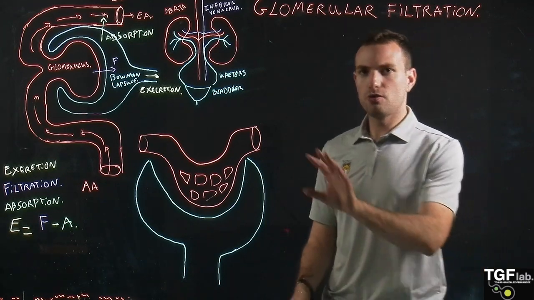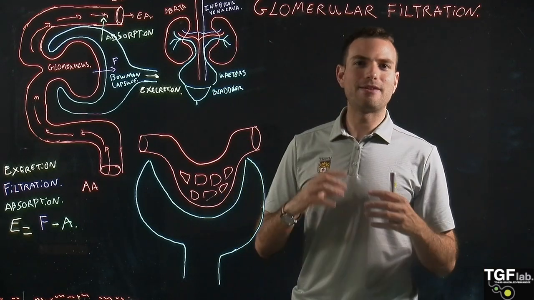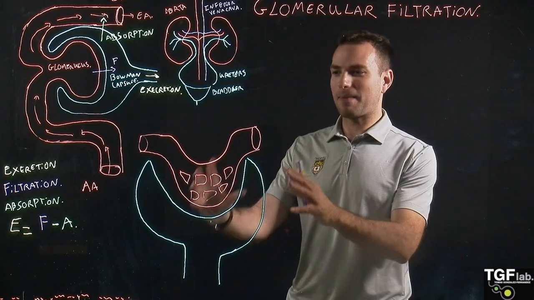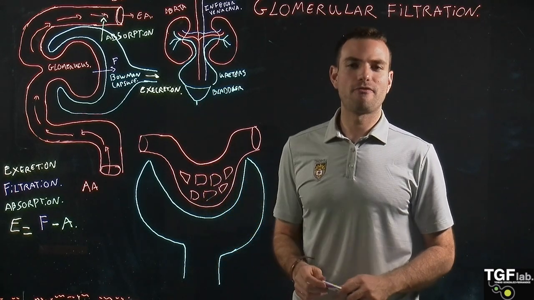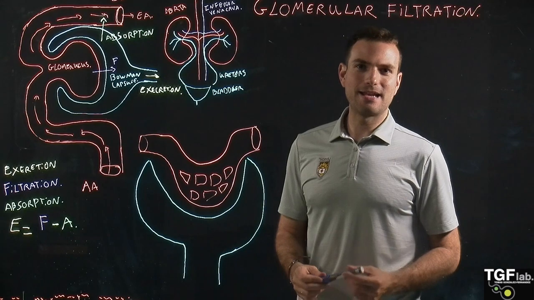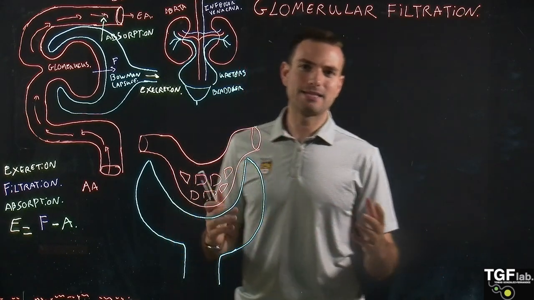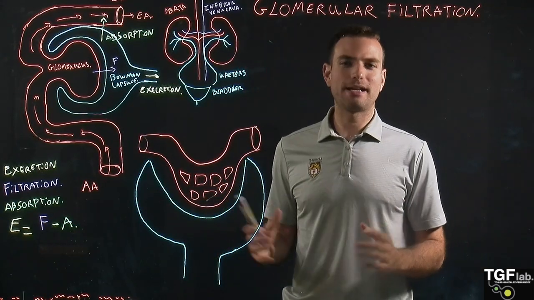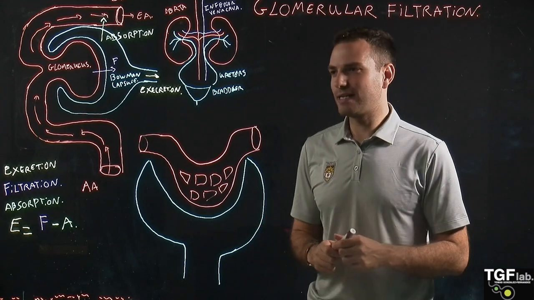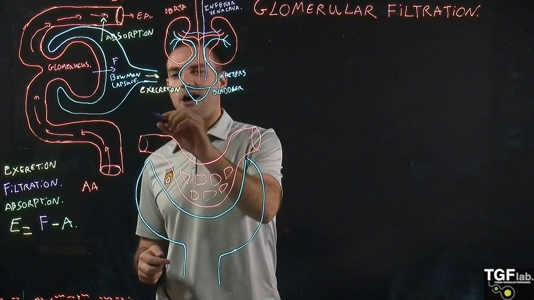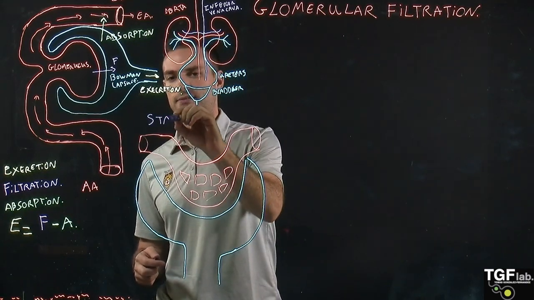So we are going to look a bit deeper at the different physical forces that mediate the processes of filtration. And we are going to go back to these forces that we have already seen when we were talking about the capillaries. These forces are the Starling forces.